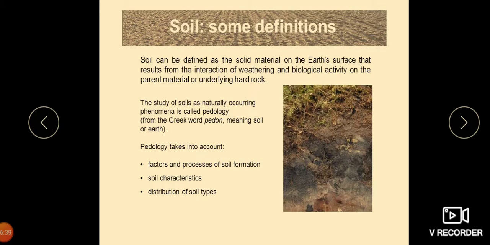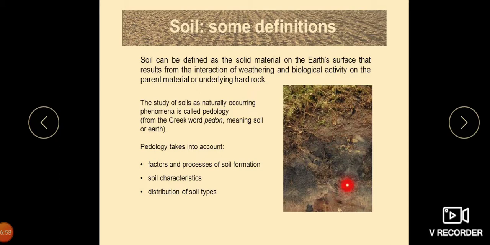Now, let us continue with the definition. Soil can be defined as a solid material on the earth's surface that results from the interaction of weathering and biological activity on the parent material underlying the hard rock.